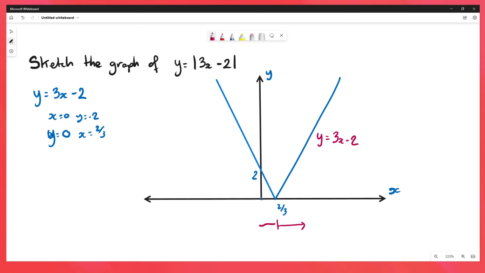From 2/3 below, this is actually the graph of y equals minus 3x plus 2. So we take everything that's inside and make it minus. That'll become very relevant in the second video when we look at solving equations and inequalities.